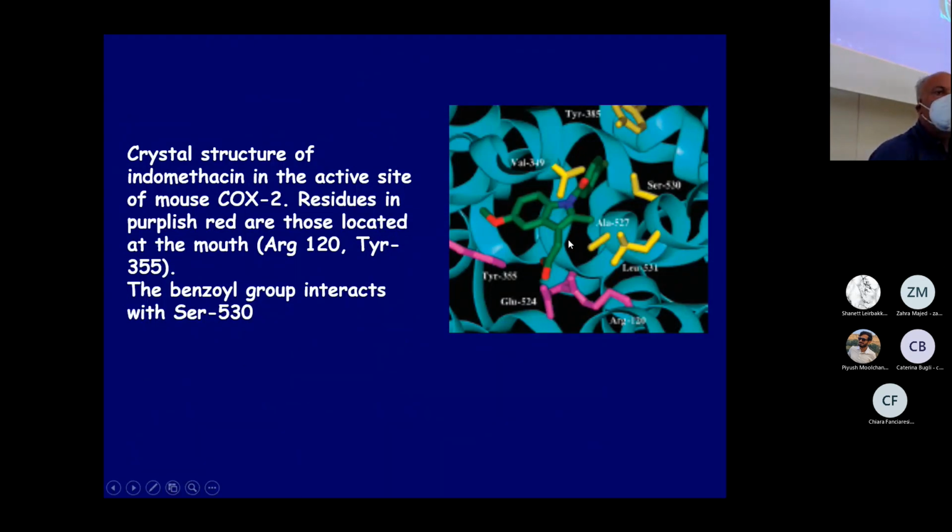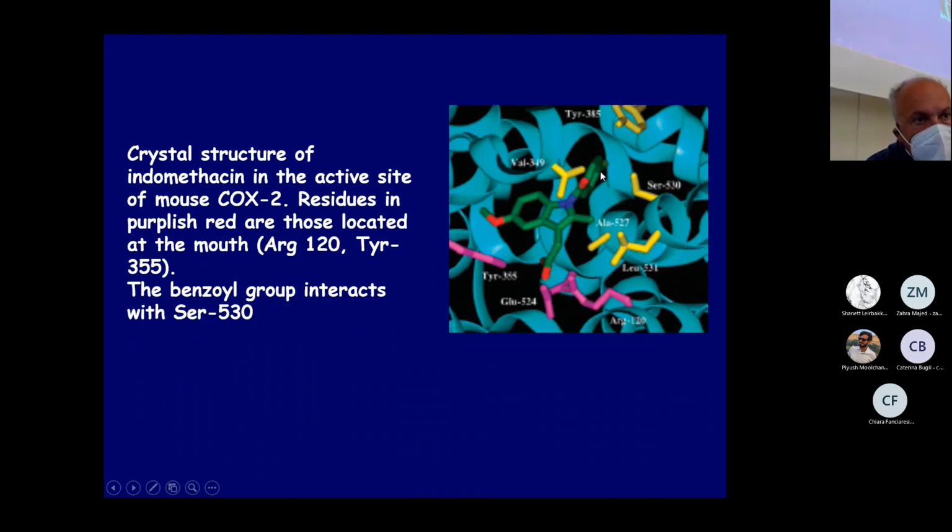Here you can see indomethacin inside the cyclooxygenase. You see this is the indole ring, in blue the nitrogen. Here you see the acetic acid chain. The carboxylic group interacts with the arginine 120.